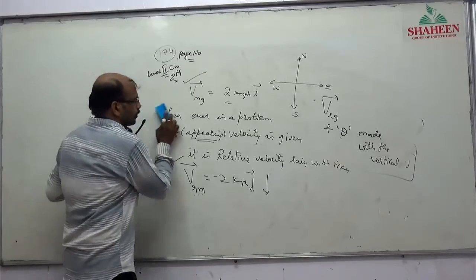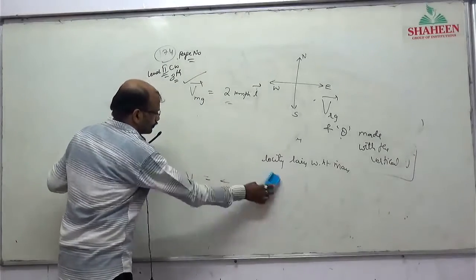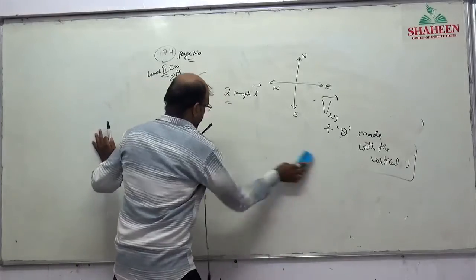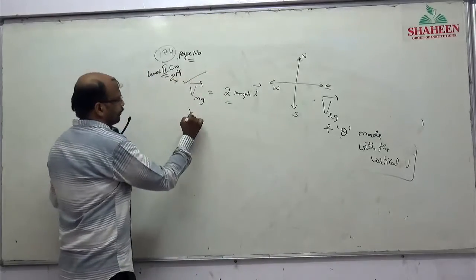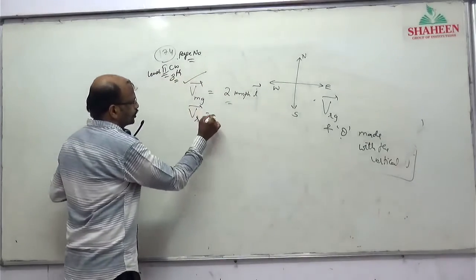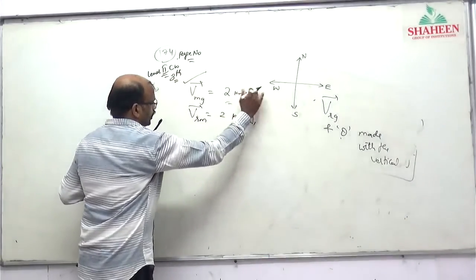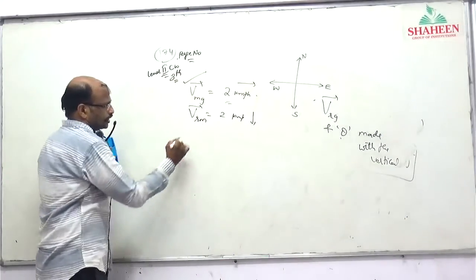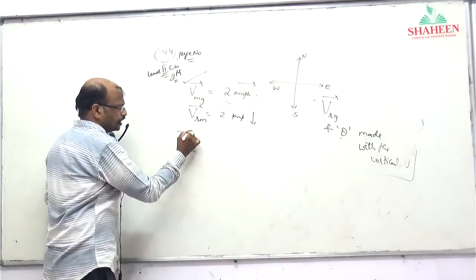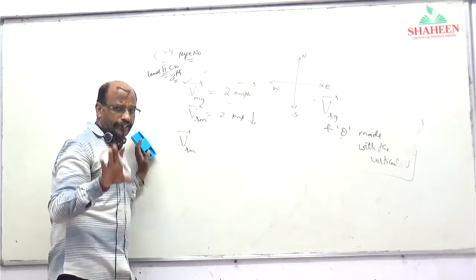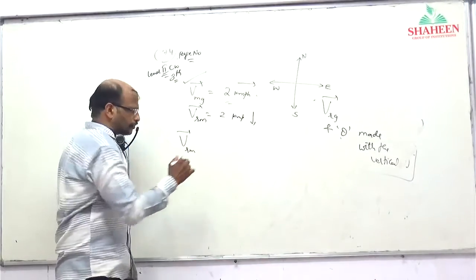This part I am rubbing. Vector diagram here, please. So VRM is 2 kilometers per hour in downward direction. It is east direction. So VRM is my basically simple formula: relative velocity of rain with respect to man. बोलो तो क्या बताया था मैं?